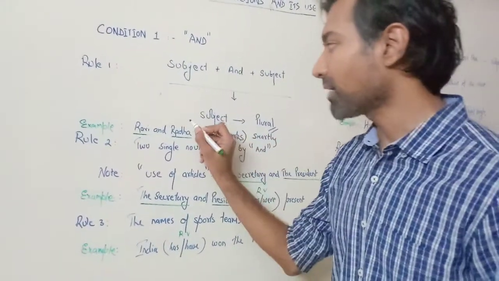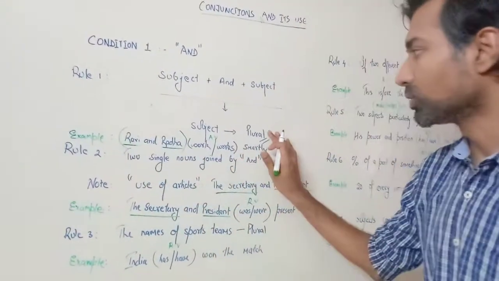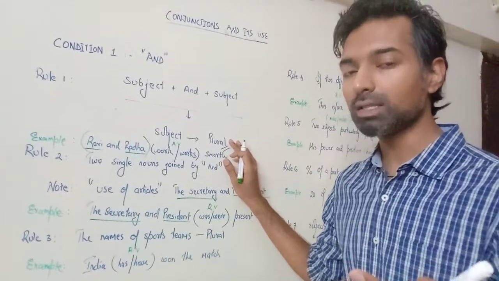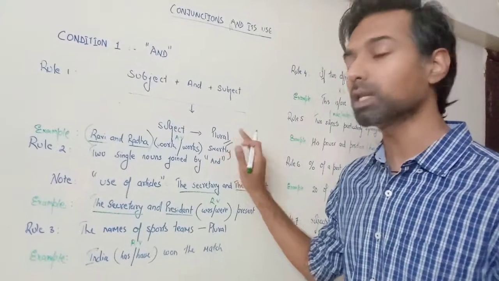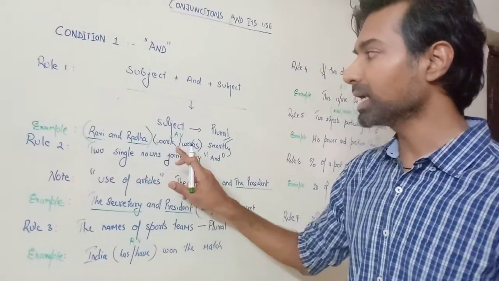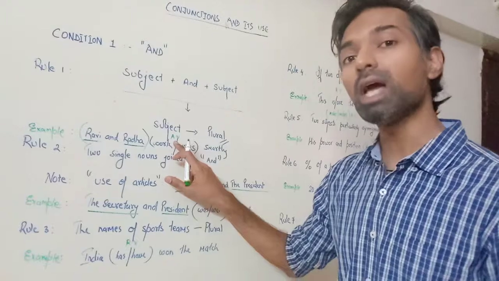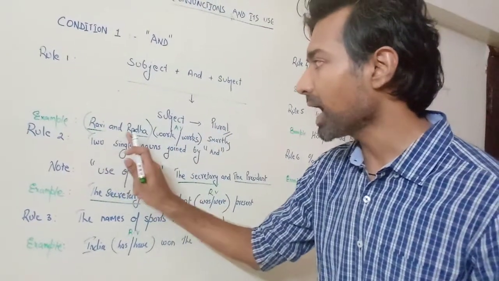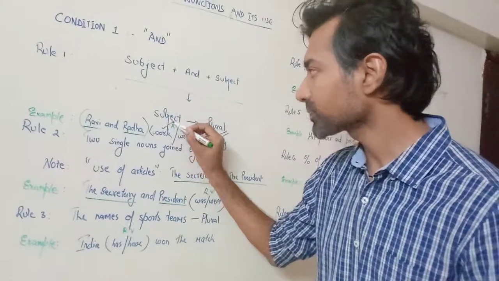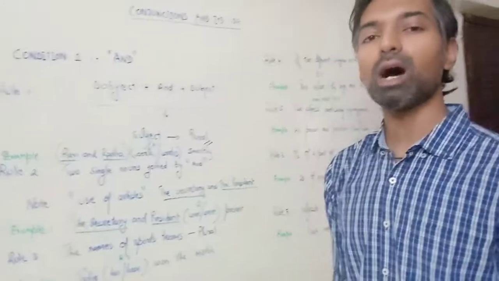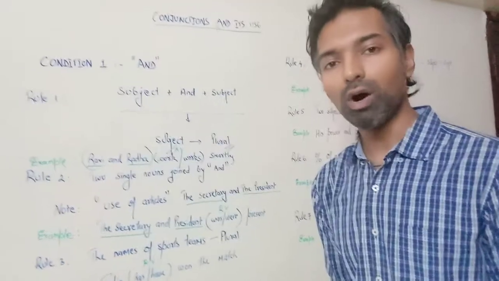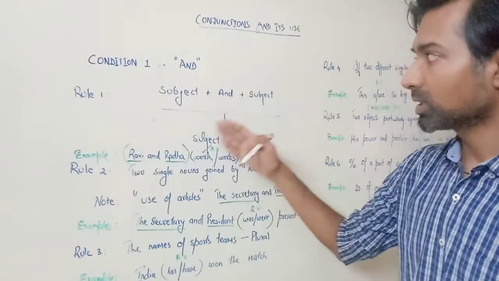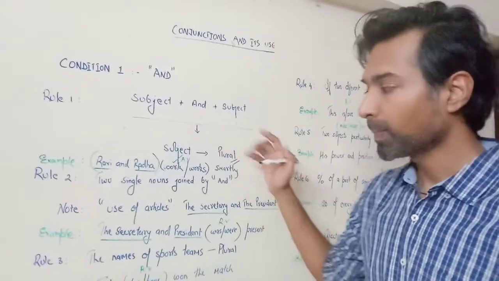And when I have this subject as plural, my fourth formula, if you remember the 4 formulas, says that when the subject is plural and is associated with an action verb, the action verb will be without an S. So that's where it will be Ravi and Radha work smartly. That is how we come on to the derivatives of sentences. So this is the very first example of the usage when we talk of and as a conjunction, when the subject is considered plural.